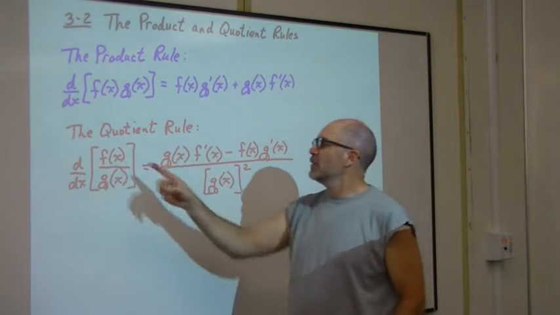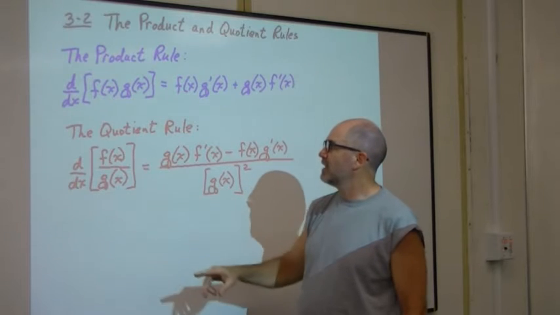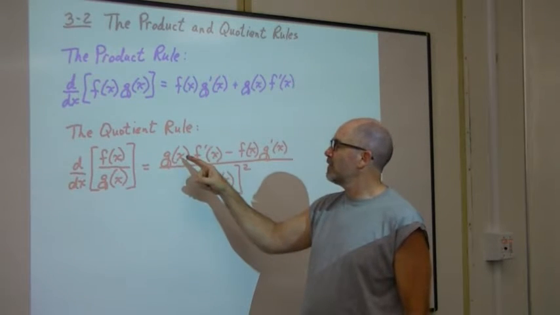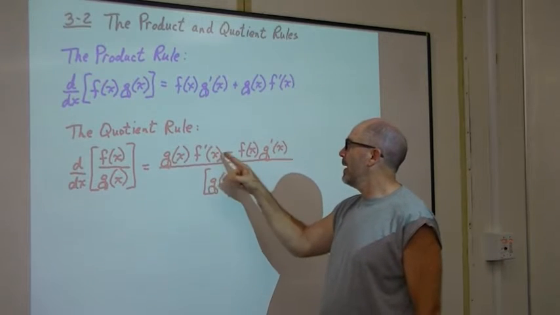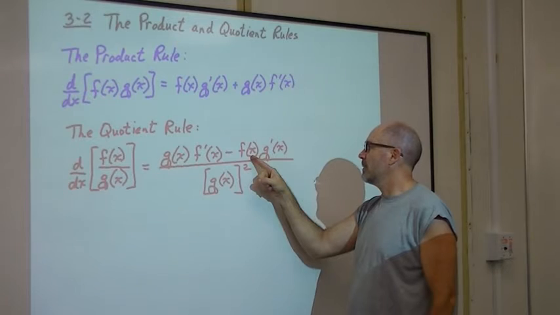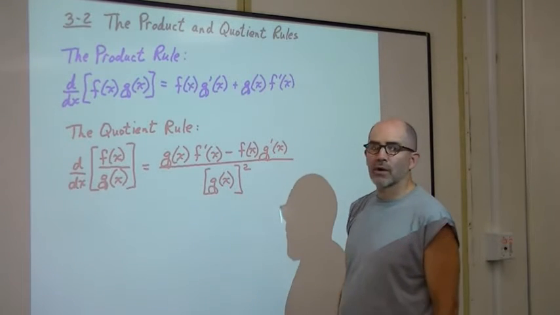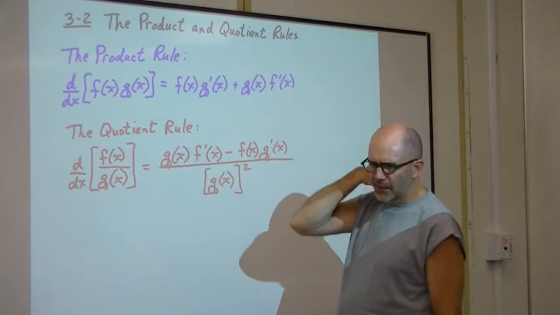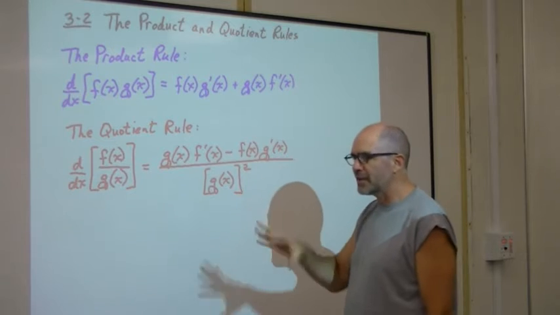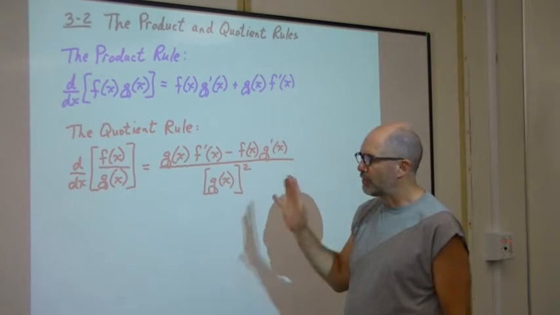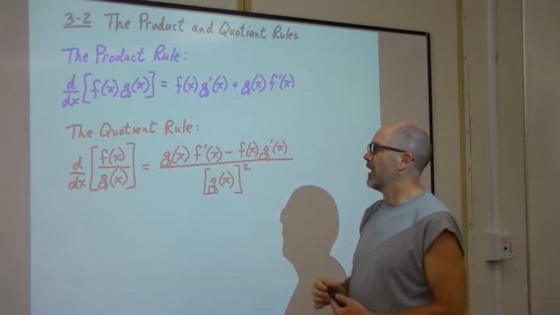So the derivative of the quotient of two functions is going to be the bottom times the derivative of the top minus the top times the derivative of the bottom, all divided by the bottom squared. Now, this gets a little bit tricky to remember what comes first and derivative of what function. So there's a simple rule to remember that.